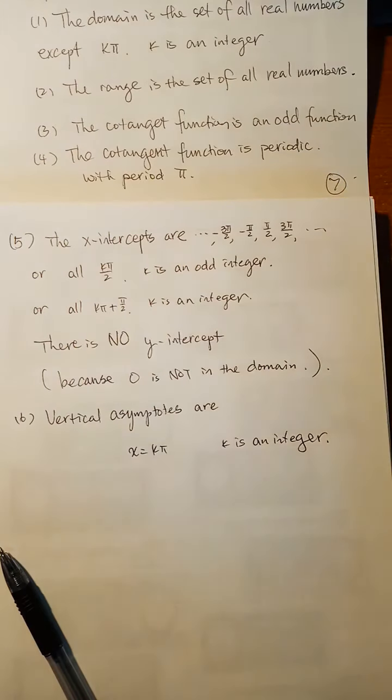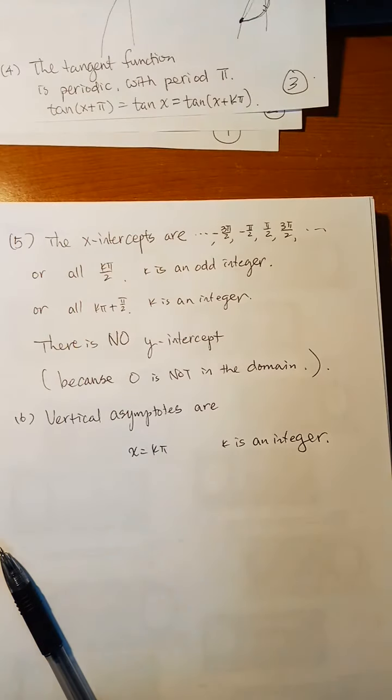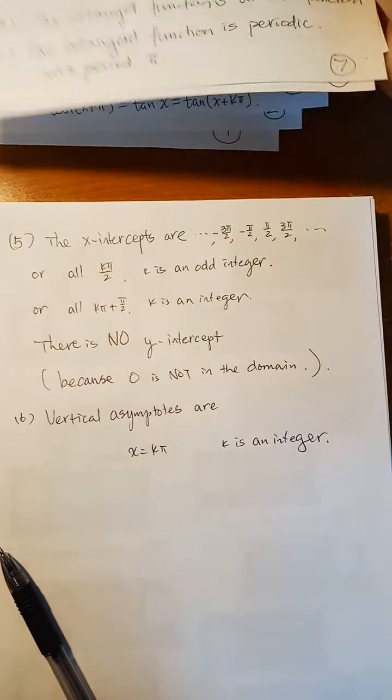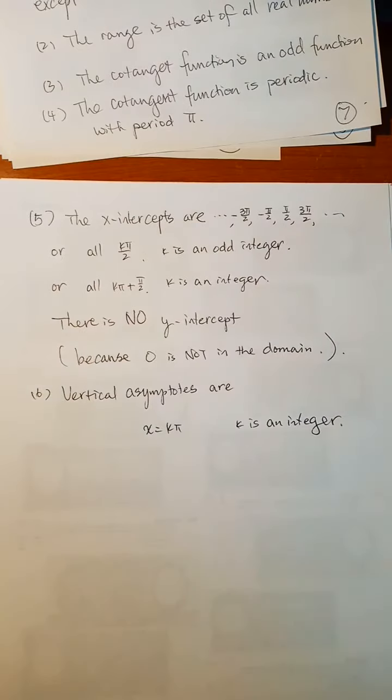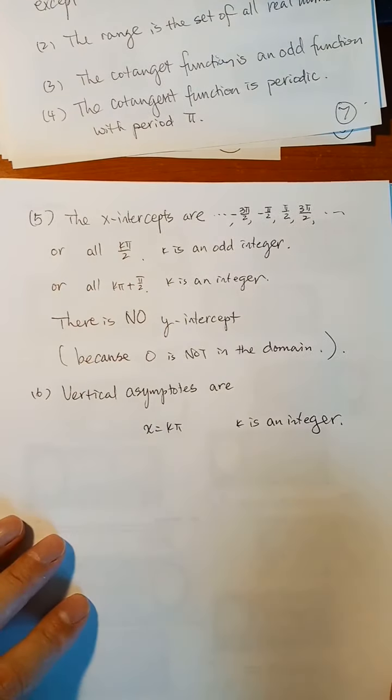So you have the tangent. The list is in the textbook, and then you can get this as the corresponding list for the cotangent. This list is not in the book. You can make it by yourself. Okay, so tangent and cotangent, they are very, very close to each other.